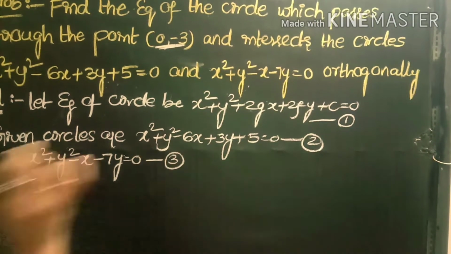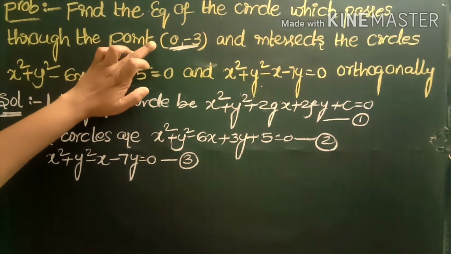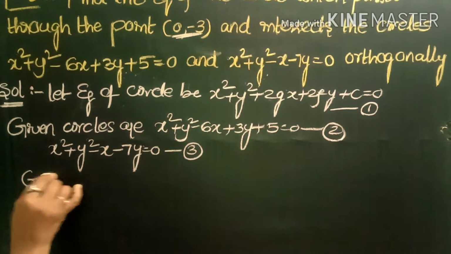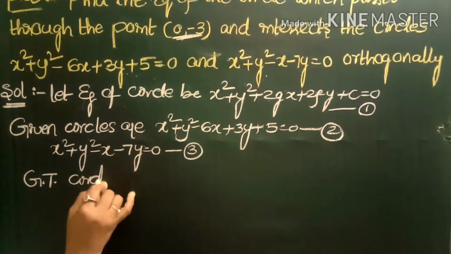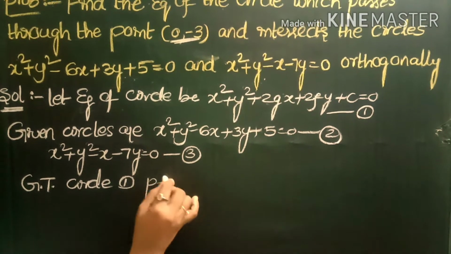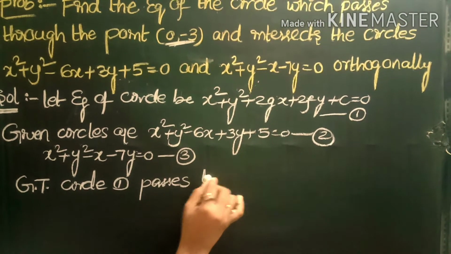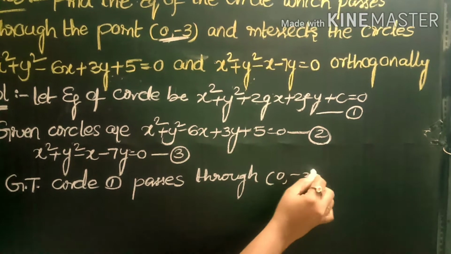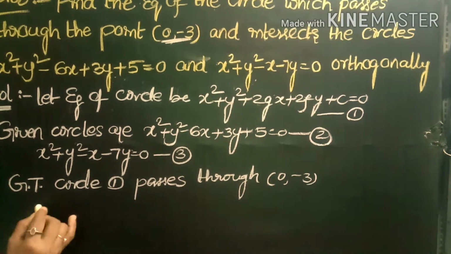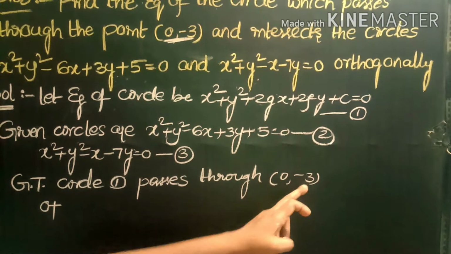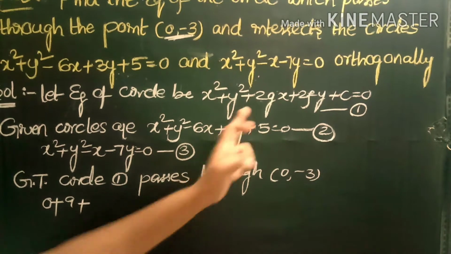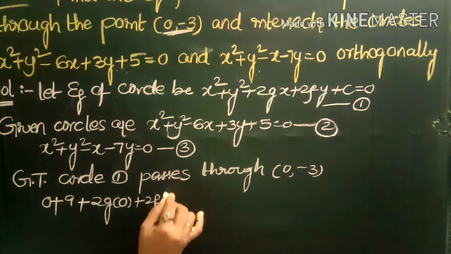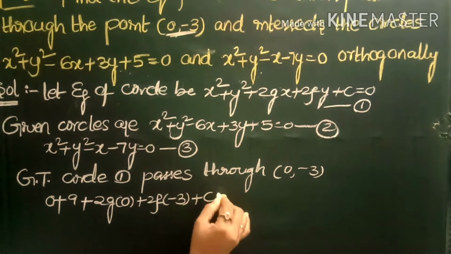So equation 3. The first condition is that the required circle passes through the point (0, -3). That is, circle 1 passes through (0, -3). That is, we are substituting the point (0, -3) in the first circle equation. That is, x² is 0, y² is (-3)² which is 9, plus 2g into 0, plus 2f into -3, plus c equals 0.